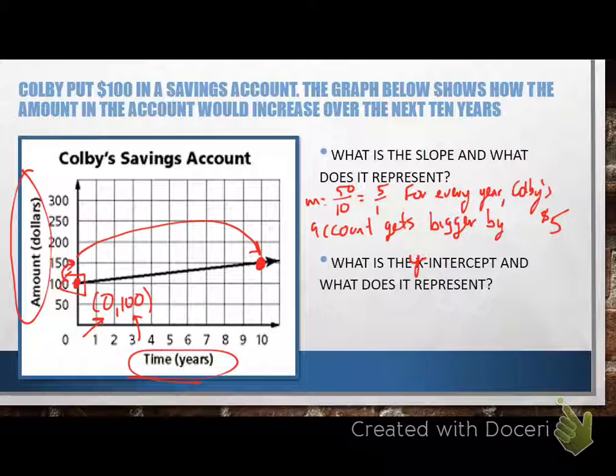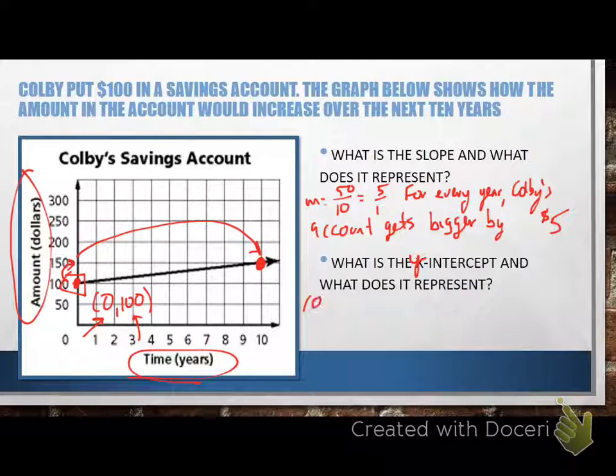At time 0, that means that Colby has just put money in. It means he hasn't had the account for a year. So his account has not really started yet. So at the moment he starts it, time is 0. And what did he do? He deposited $100.